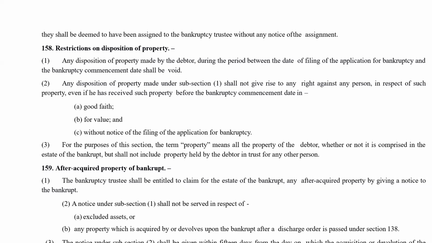Now, please compare this section with the section on insolvency. During insolvency, if there is any disposition of property, what will happen? Suppose a petition has been filed for insolvency. Here we are talking of bankruptcy. But suppose a petition has been filed for insolvency and it has not yet been admitted and the debtor disposes of the property. Then what will happen in that situation?